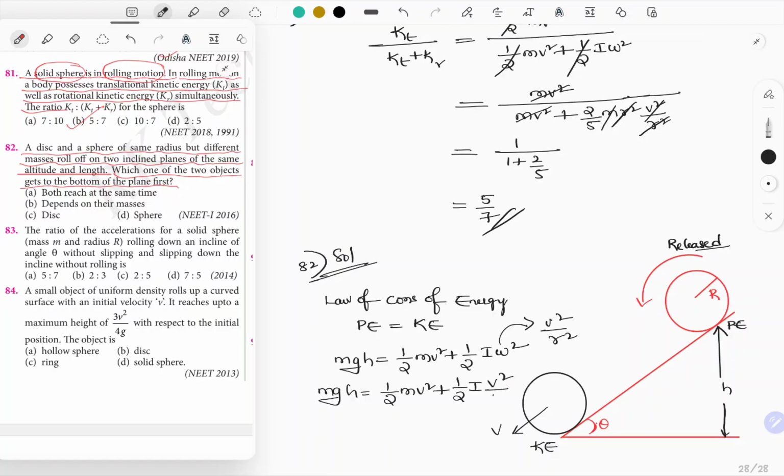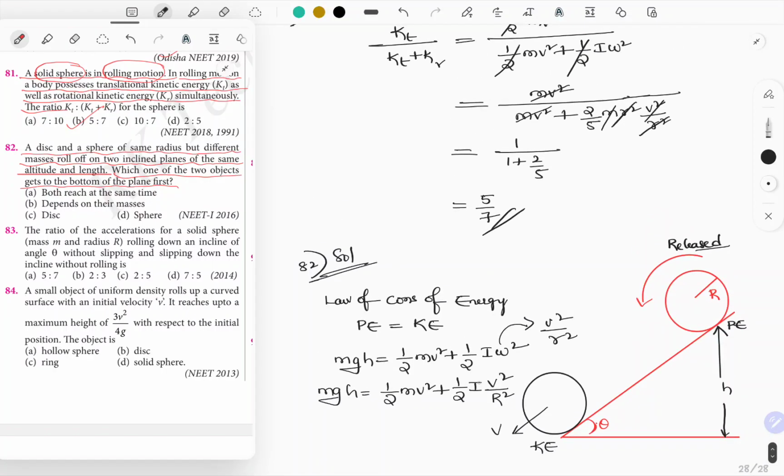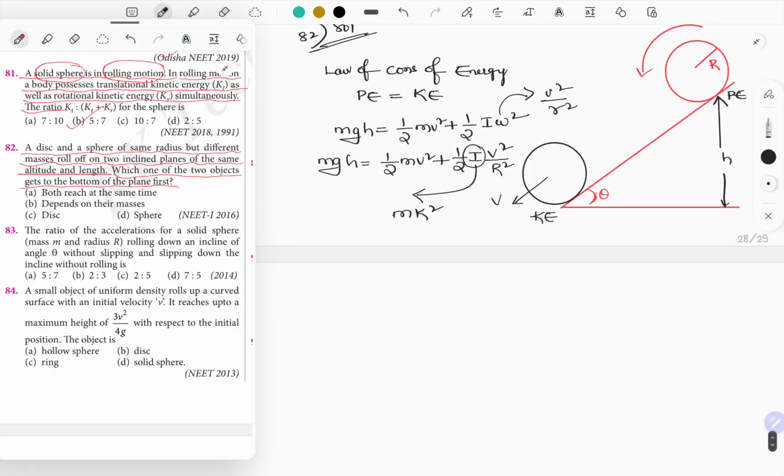Here r is capital R square. Okay, super. What about moment of inertia of this object in terms of radius of gyration? Moment of inertia is mk square, right? Moment of inertia is replaced as mk square. We know about this formula, mk square. Let me substitute this.